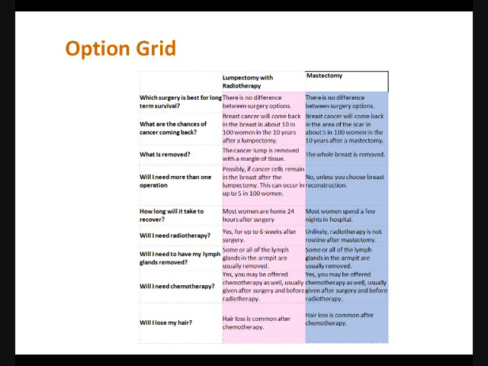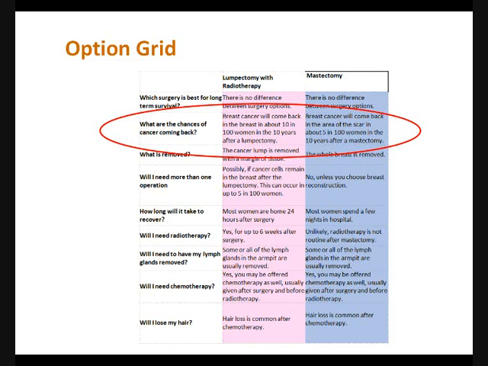Here's an example of an option grid which we've developed from BreastX, the breast cancer tool. The idea is that we have the 2 options, A and B, on 2 columns, and we ask questions that the patients frequently ask. So if you organize the information in this way, you can direct patients to say, what are the chances of the cancer coming back, for example in this slide.